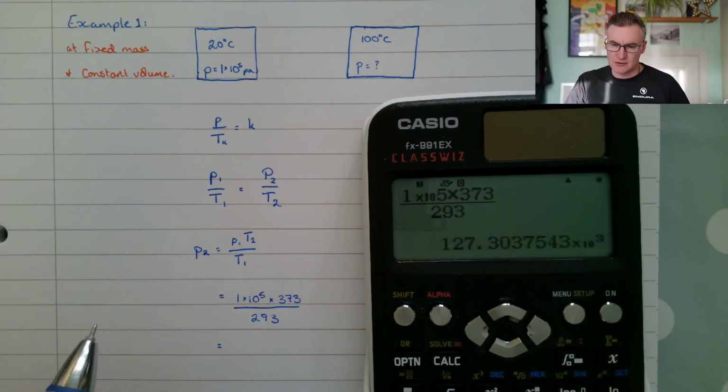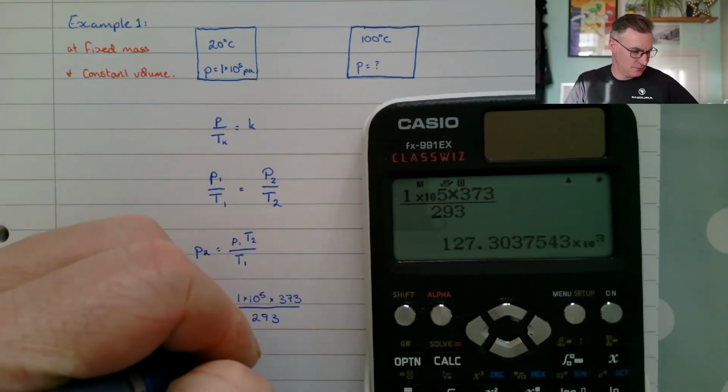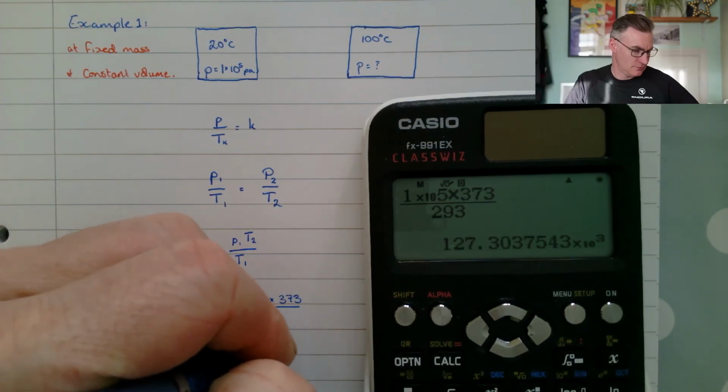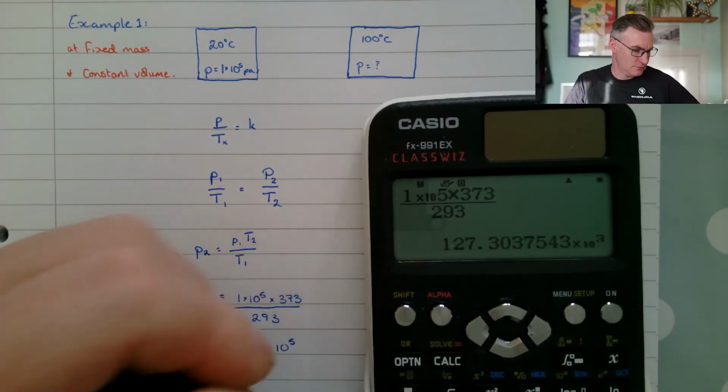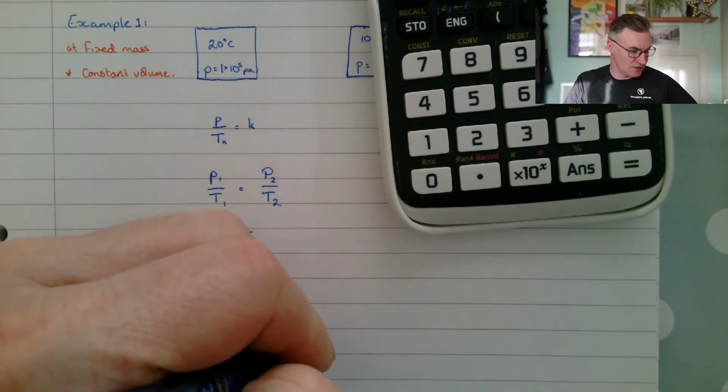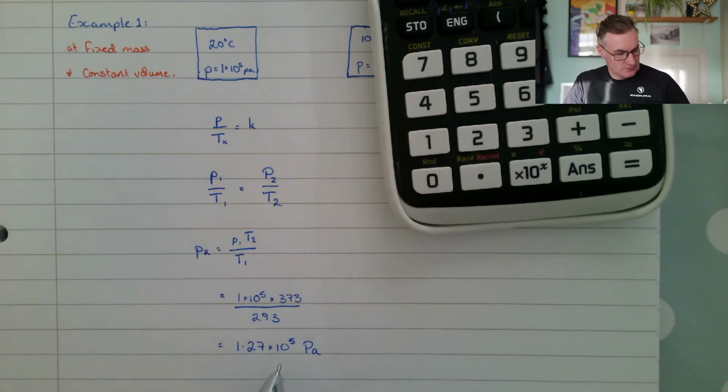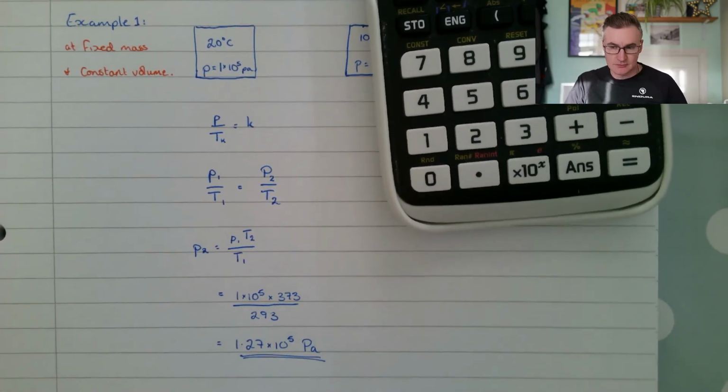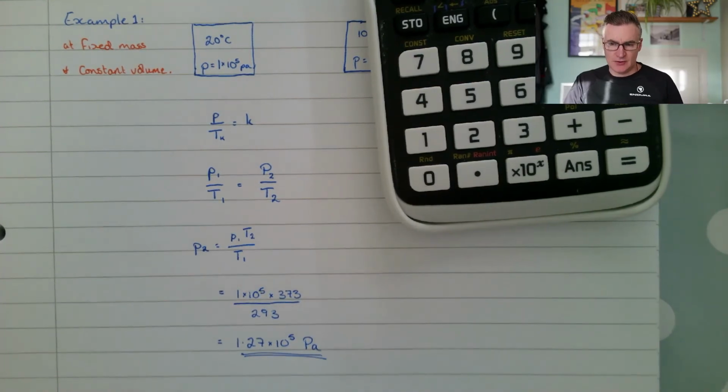So that will give us 1.27 times 10 to the 5 pascals. Okay, right, we'll do a second example.